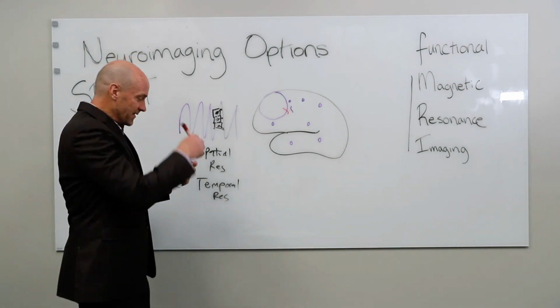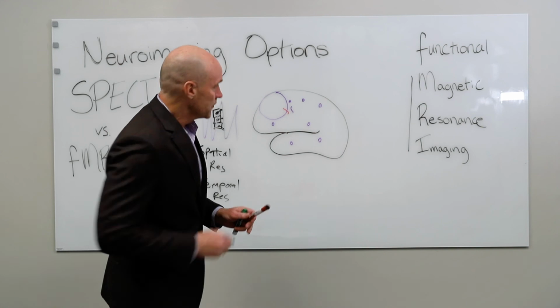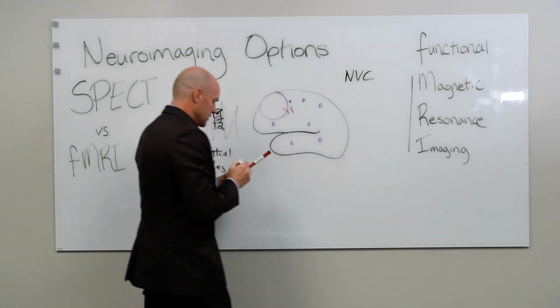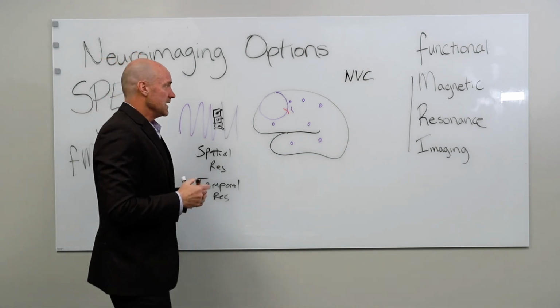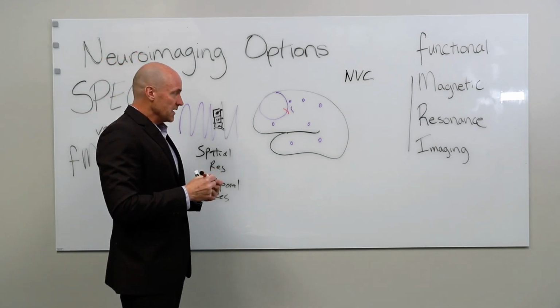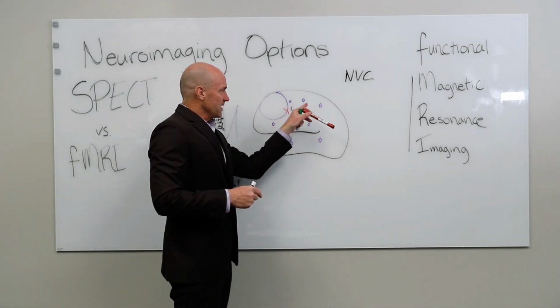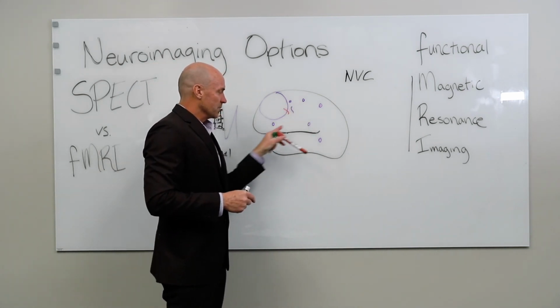I talked about that principle of neurovascular coupling, remember? So in concussion, it seems like there's a problem in the mechanism that brings blood to targeted areas of the brain.